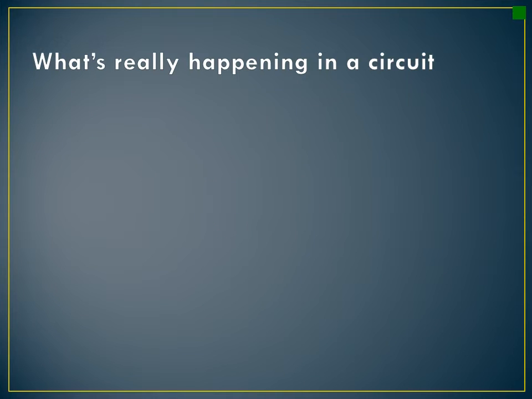What's really happening in a circuit? So I'm going to give you the simplified, quick breakdown of what's going on in a circuit. The first thing you need to know is that the electrons are already everywhere in the circuit. Anything that has atoms is going to have electrons, but they're relatively stationary and staying close to their home atom.